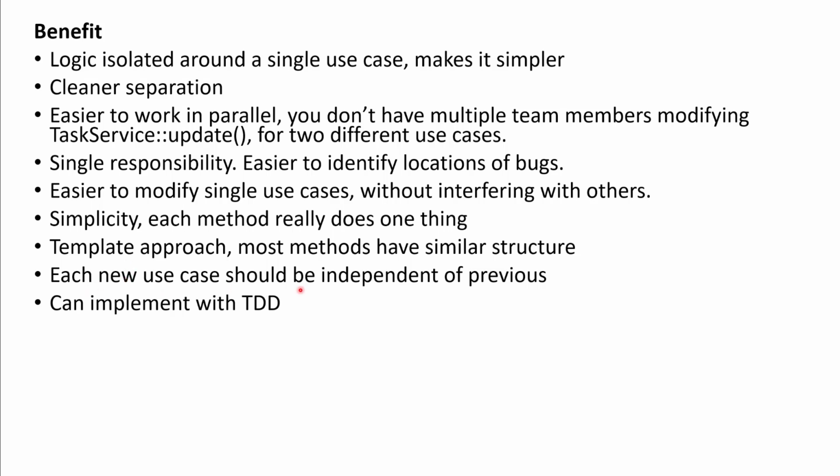I feel like I mentioned this, but every new use case is a new method, so it's independent of previous stuff. You don't go and modify the update method all over. Or maybe another use case adds complexity to when a task is allowed to be deleted, but that should be something else.